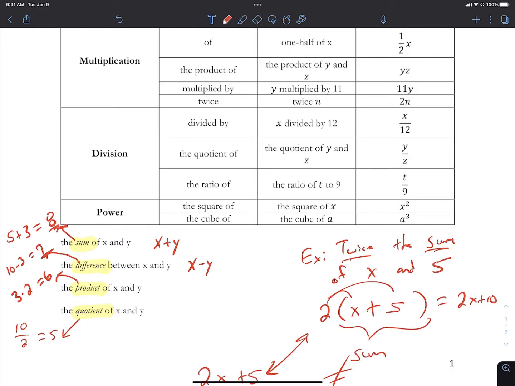The product of x and y is x times y, or we can simply write xy. And the quotient of x and y is the answer we get when we divide, so we're taking x divided by y, or you could write it as a fraction, x over y.